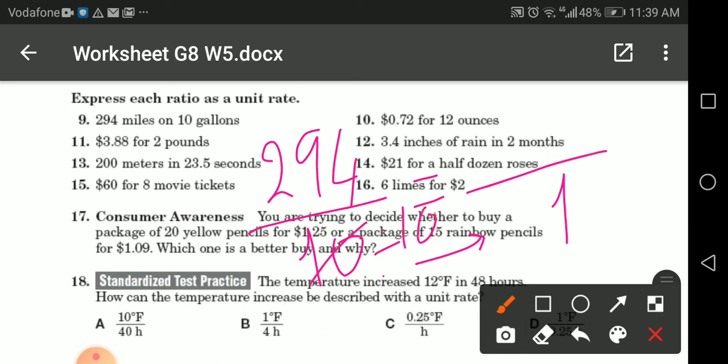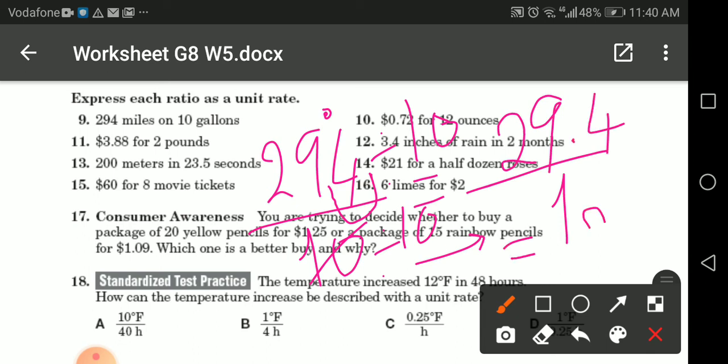So divided by 10. 10 divided by 10 gives me 1. What about the number here divided by 10? I will go from the end and move just one place. So the answer will be 29.4. So it's 29.4 miles per gallon.